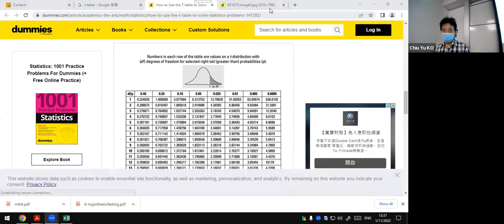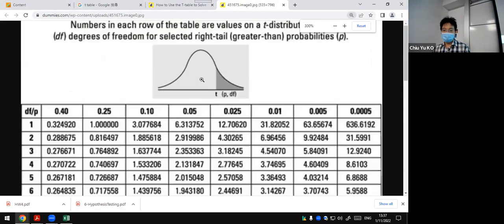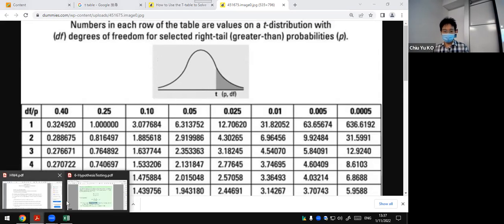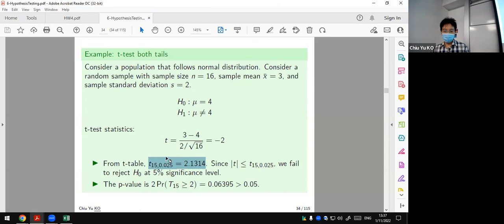Here, this one is good because it actually gives you the right tail already. I just go to this column, which row is the degree of freedom, P is the right tail. I have two tails, so 5% is 0.025.